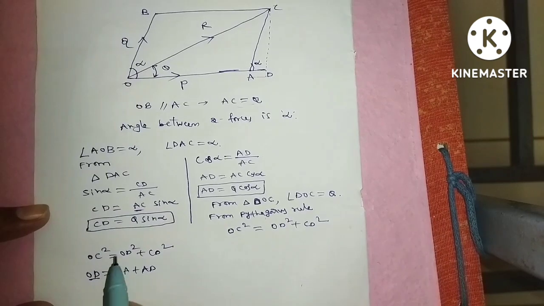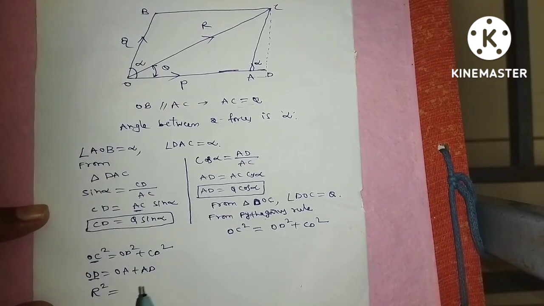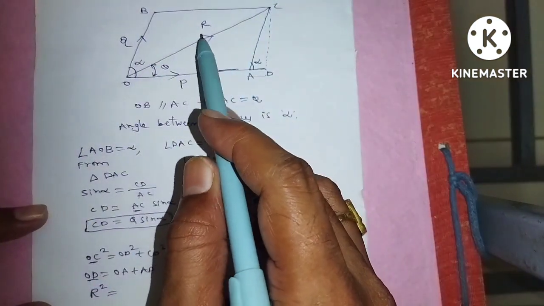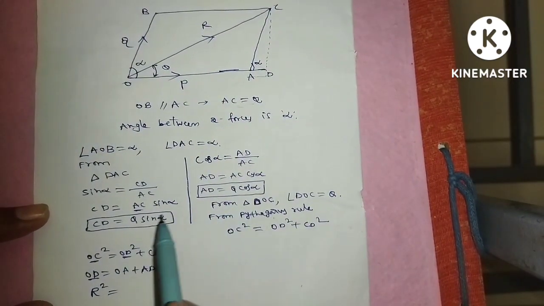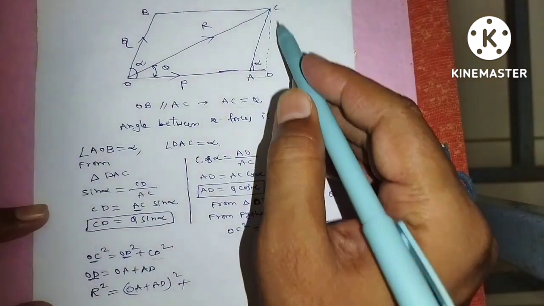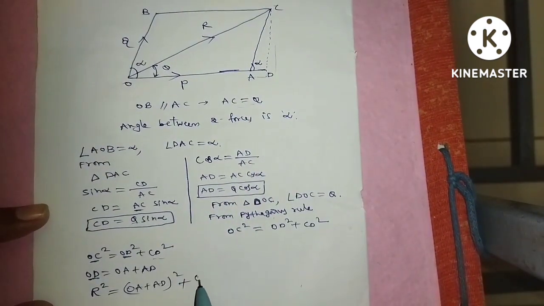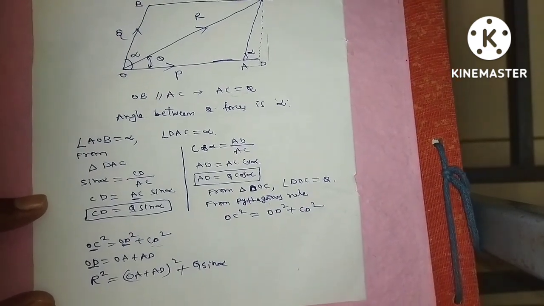In this, OA value is equal to P, and AD is equal to Q cos alpha, already written from triangle DAC. So R square is equal to OC square, which is equal to OD square, that is OA plus AD whole square, plus CD square, that is Q sin alpha whole square.